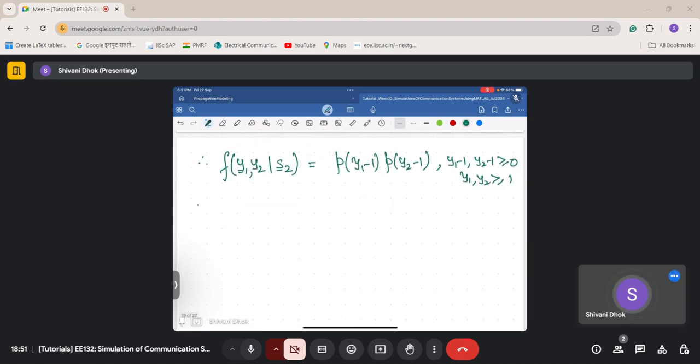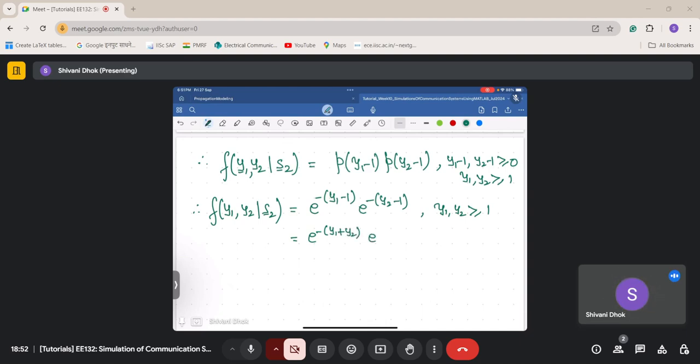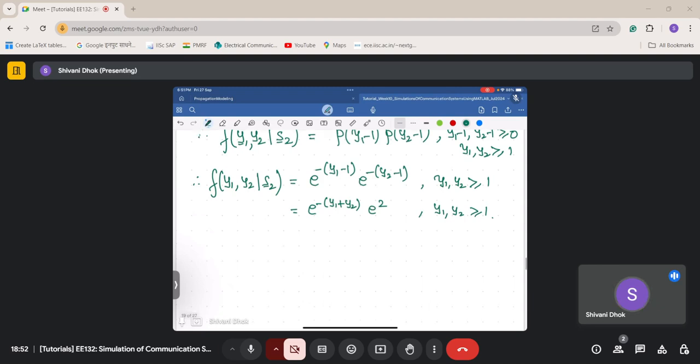So f of y1 comma y2 given s2 being transmitted comes out to be e power minus y1 minus 1 into e power minus y2 minus 1, for y1 comma y2 both greater than or equal to 1. This we can simplify as e power minus y1 plus y2 into e power 2, for y1 comma y2 greater than or equal to 1.